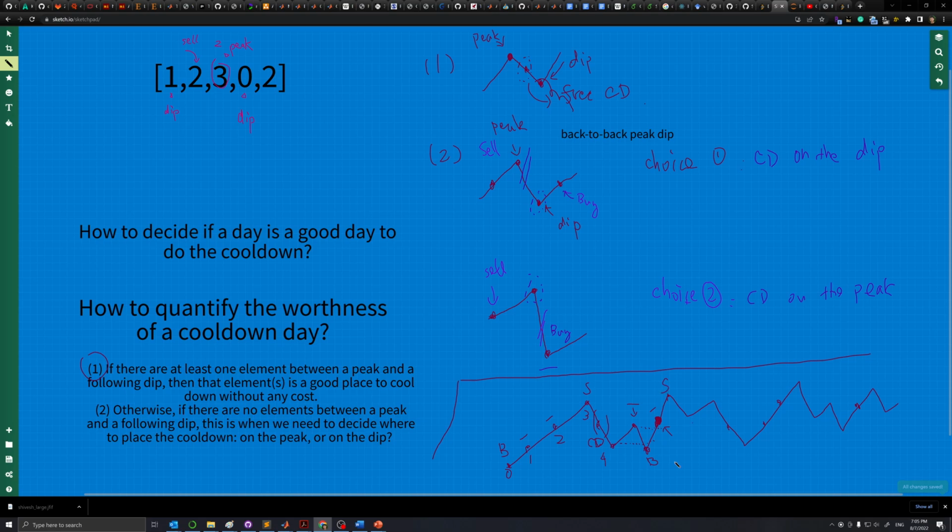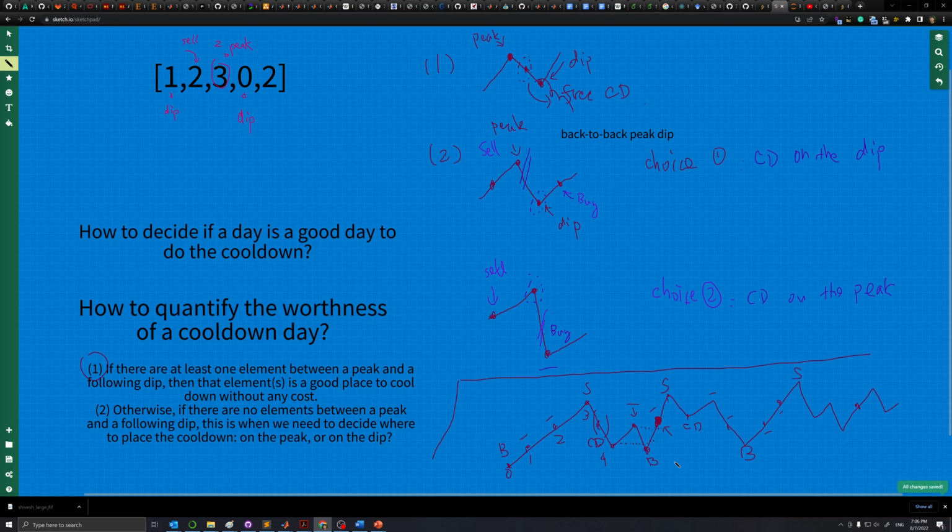We sell here, and maybe for this one we're just going to do the CD here because there's not a lot of gain in this little local slope. We might as well just hold, and we buy here because there's a pretty long price rise streak ahead of us. So we hold.